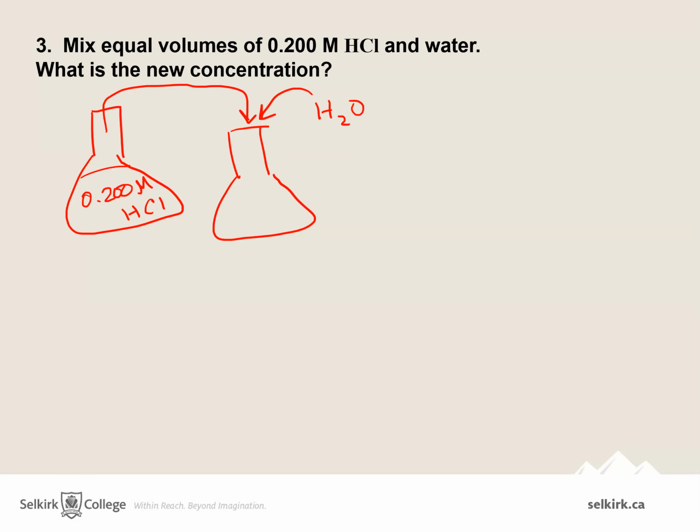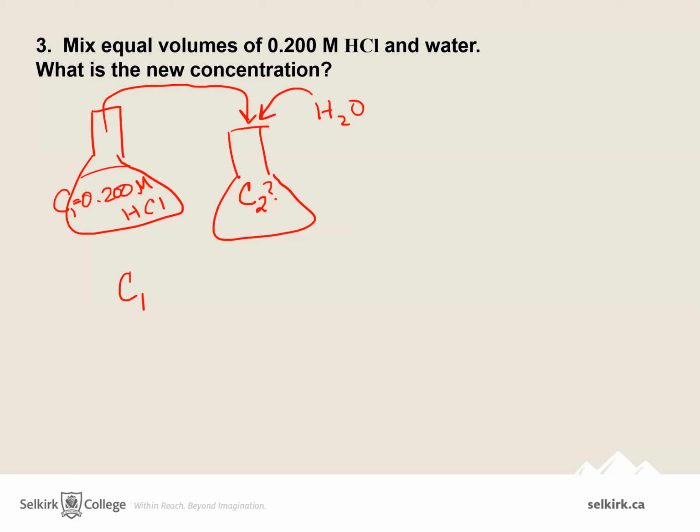And what I want to know is what's the concentration in the second flask. C1 is 0.200 molar, C2, we don't know. That's our unknown. Now I recognize this is a dilution. My new concentration will be less than my old one because I'm adding water.